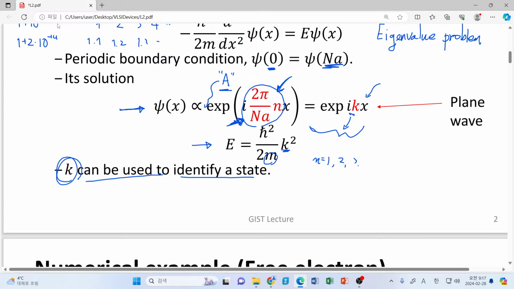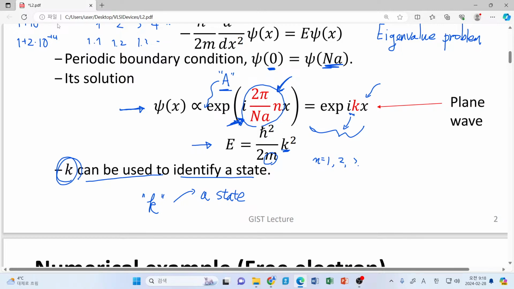So then using that cell phone number, we can track who is the owner of that cell phone. Simply speaking, if you know a number called K, then you can find an electronic state.